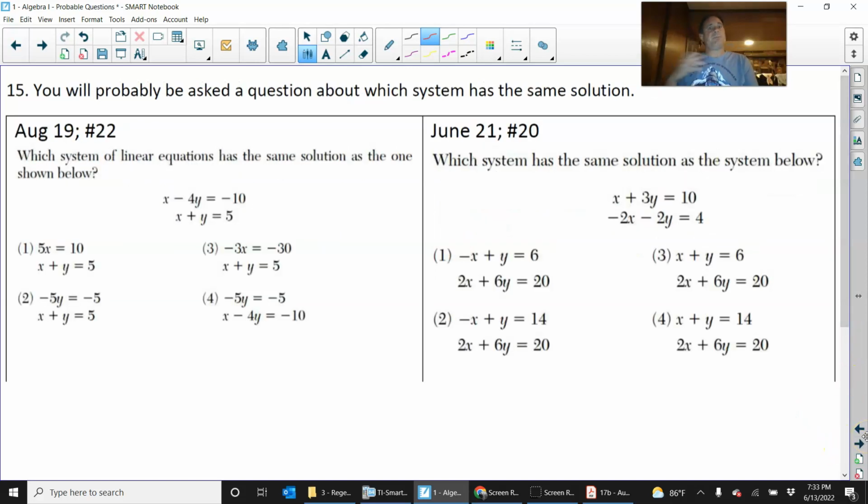Number 15, you'll probably be asked which system has the same solution. So just bear with me here. You have to go ahead and see if you can solve this. We're just going to rewrite it like this.